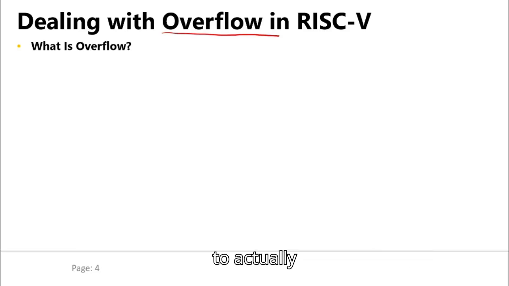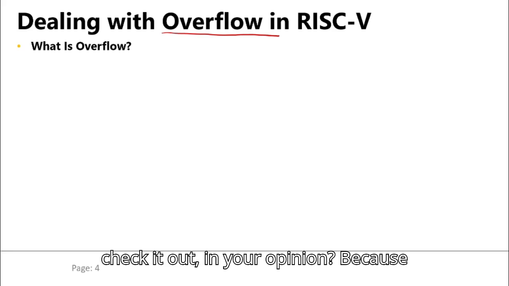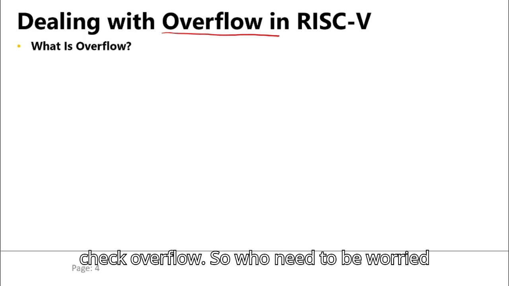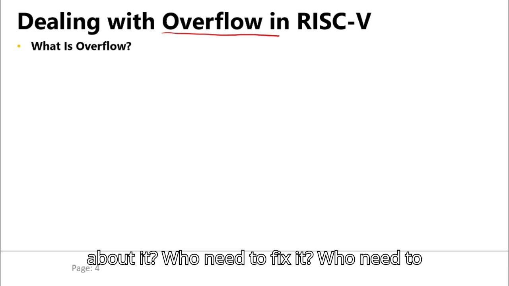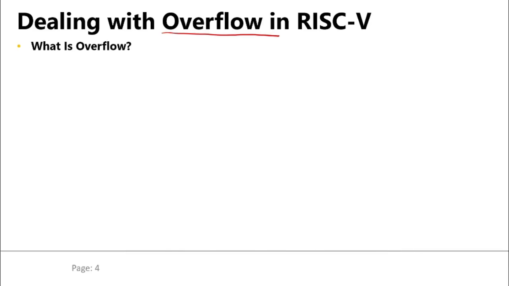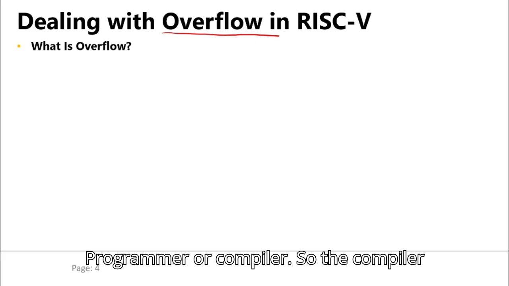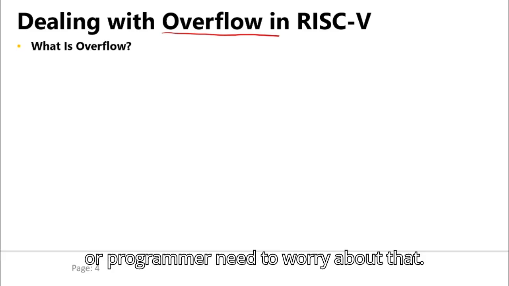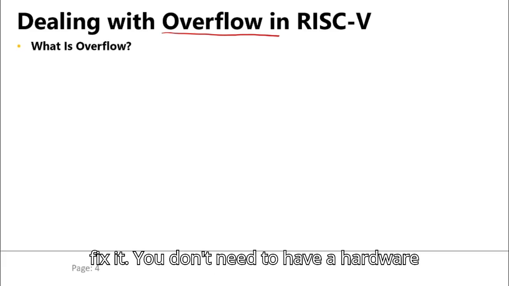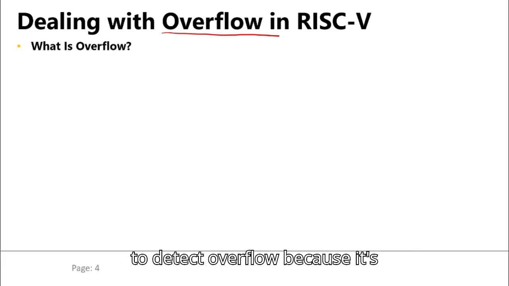Who needs to actually check it out, in your opinion? Because there is no hardware mechanism inside the ALU to check overflow. Who? Programmer or compiler. So the compiler or programmer needs to worry about that. That's why we just give it to the compiler to fix it. You don't need to have hardware to detect overflow.